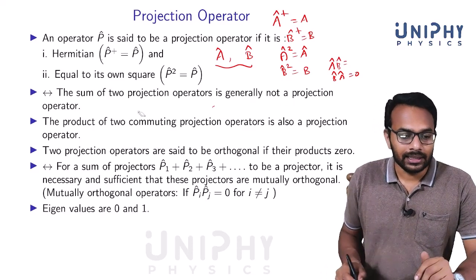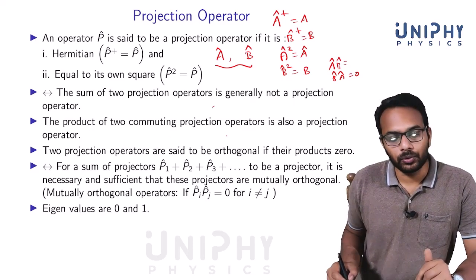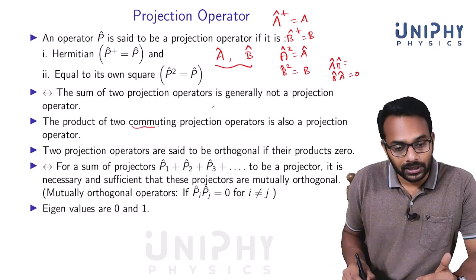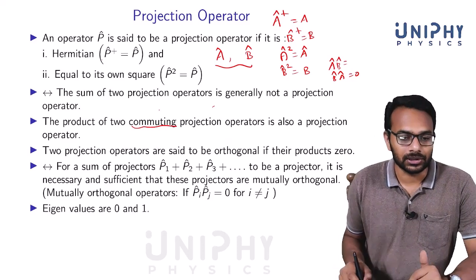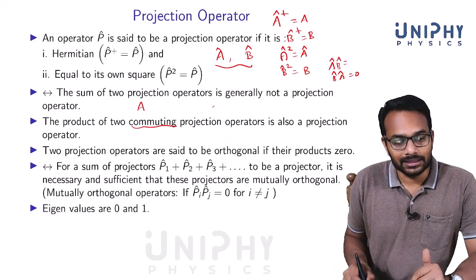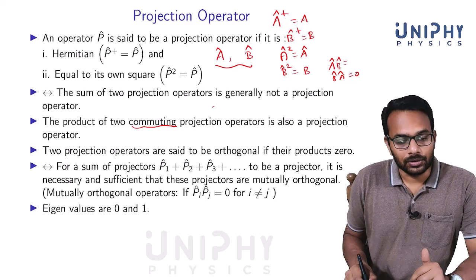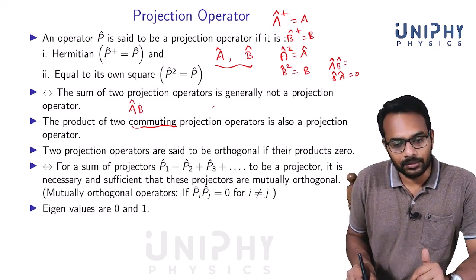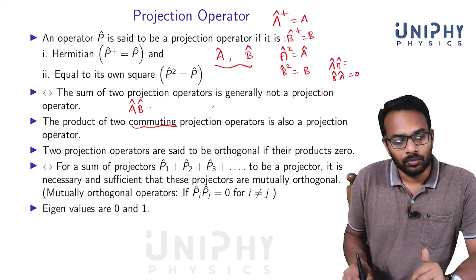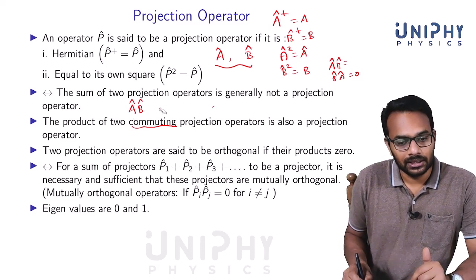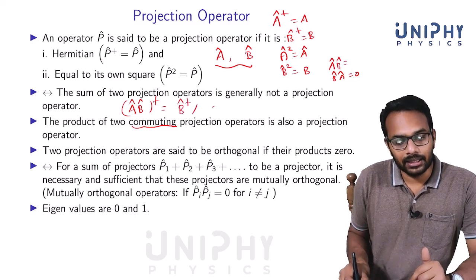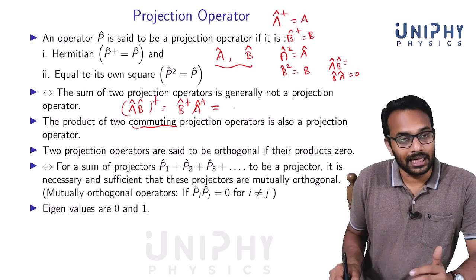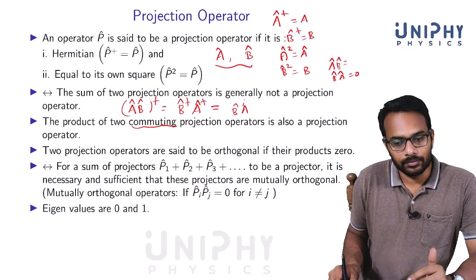It can also easily be shown that the product of two commuting projection operators is also a projection operator. So we need this extra condition. Again, think of A and B as projection operators. Let's look at AB. What's the Hermitian conjugate of it? That is B dagger A dagger. But A and B are already Hermitian, so B dagger is equal to B, and this is BA.